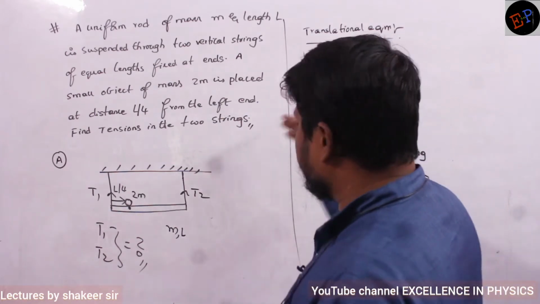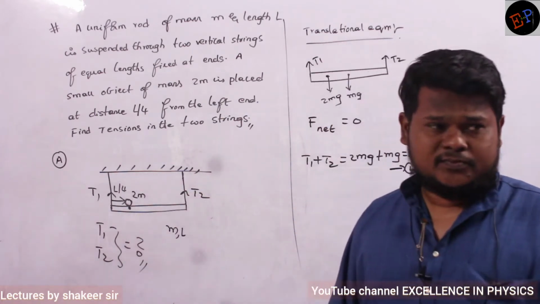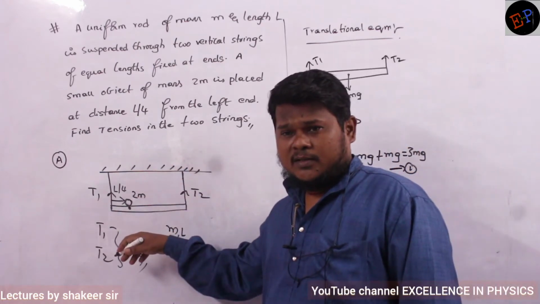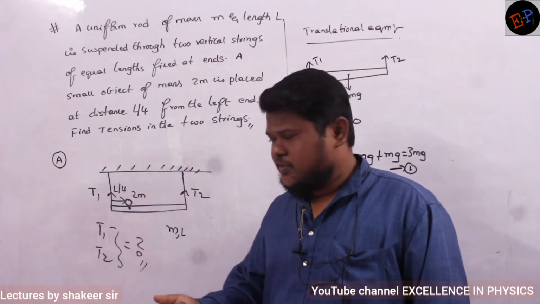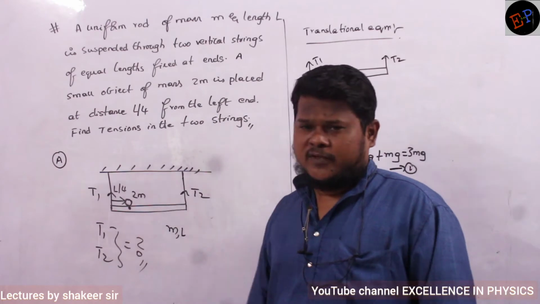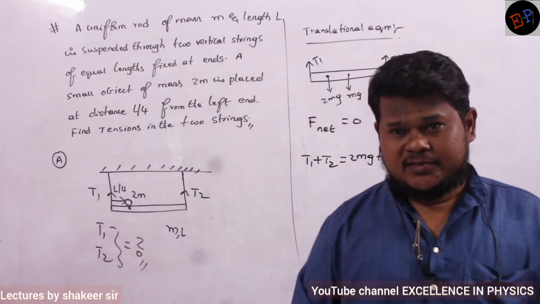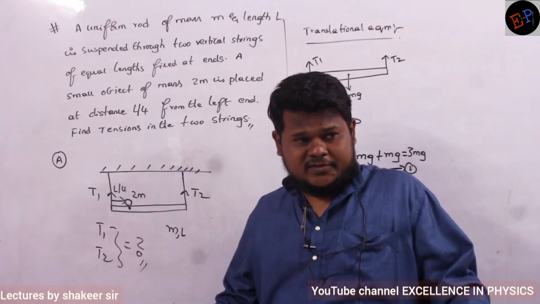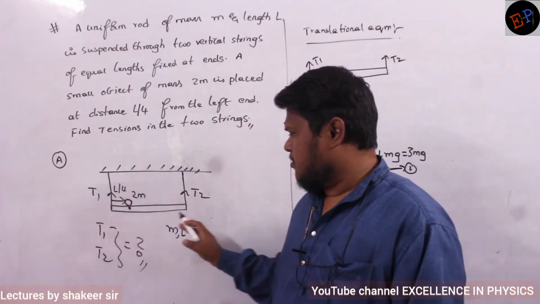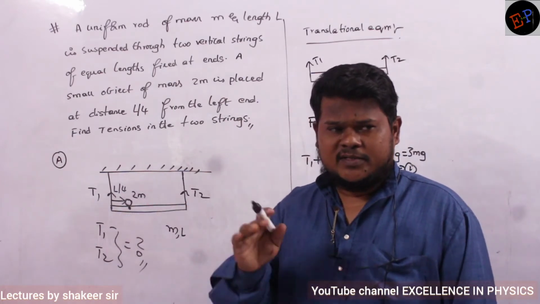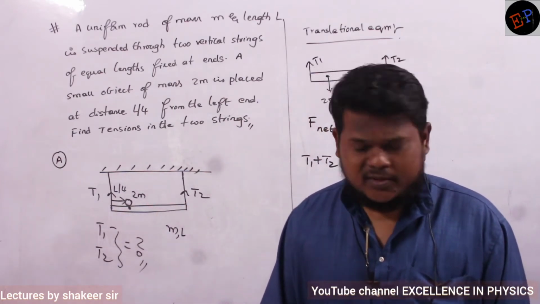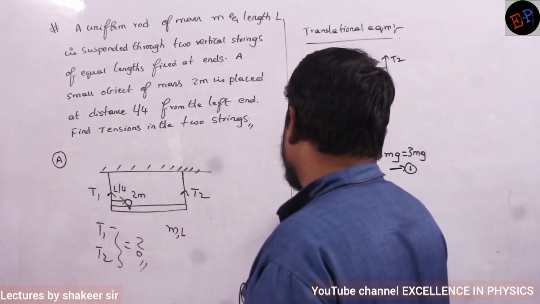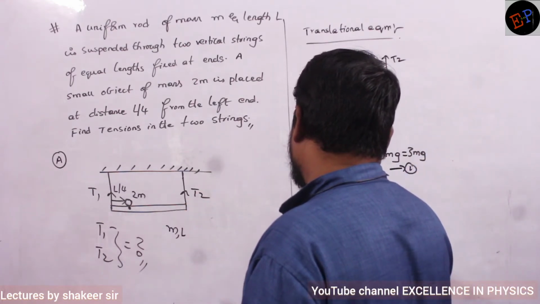This rod is in rotational equilibrium also, no? Is it rotating? No, it is not rotating. It means definitely it is in rotational equilibrium. Rotational equilibrium about which axis? Any axis. If you take this point, any point you take, it is always in rotational equilibrium. Are you able to understand? So therefore, take the equation of rotational equilibrium.